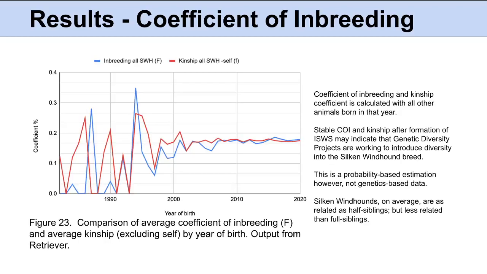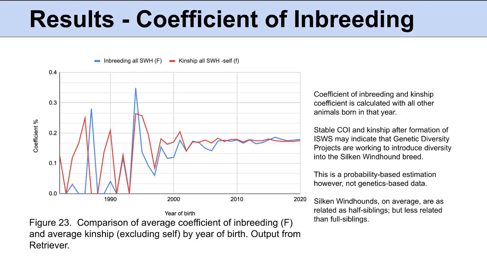And here we are looking at output from Retriever, and this is the comparison of average coefficient of inbreeding and average kinship, excluding self, by year of birth. How Retriever does this is the coefficient of inbreeding and kinship coefficient is calculated with all other animals born in that year.